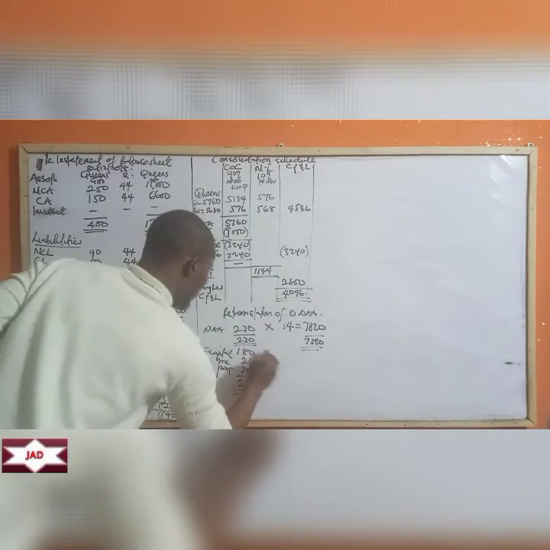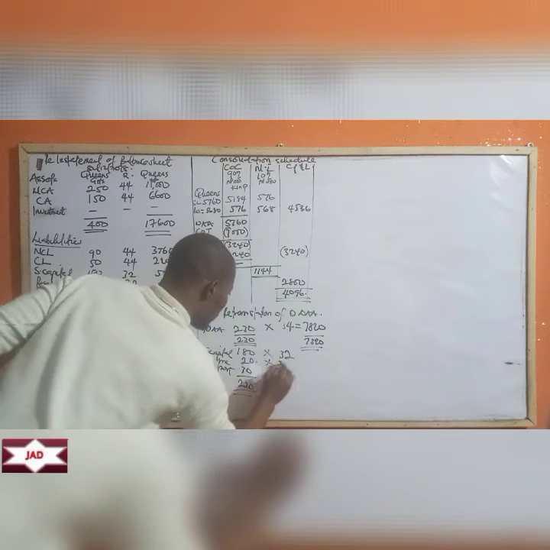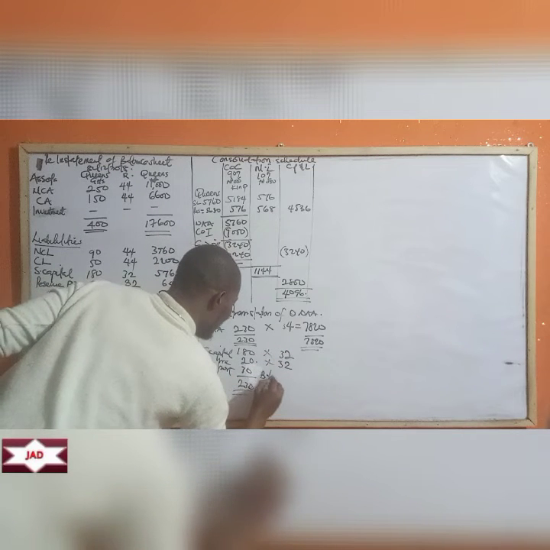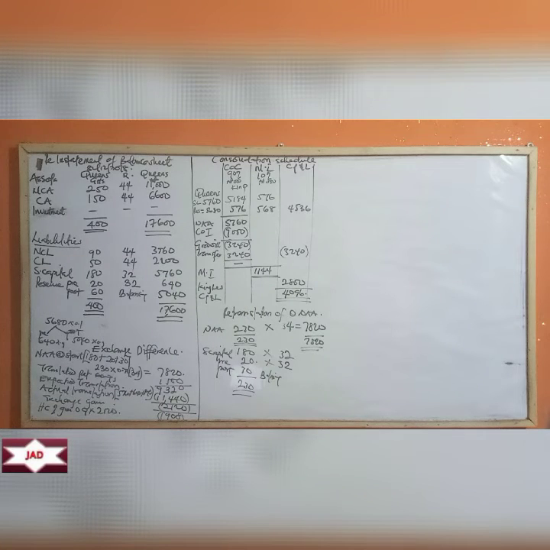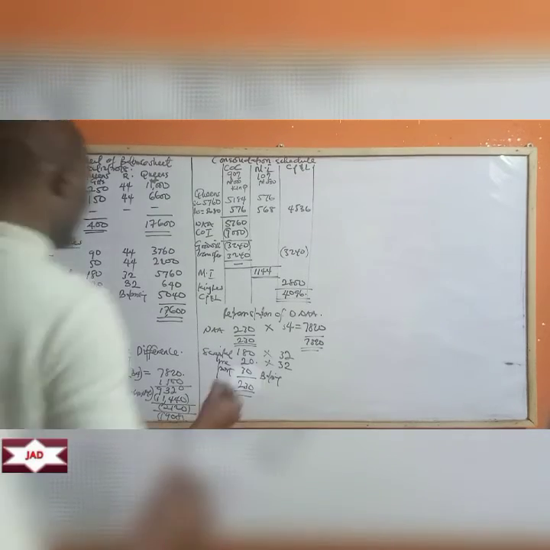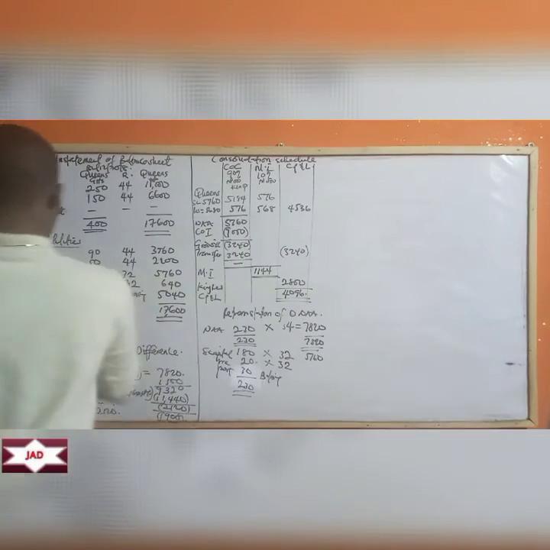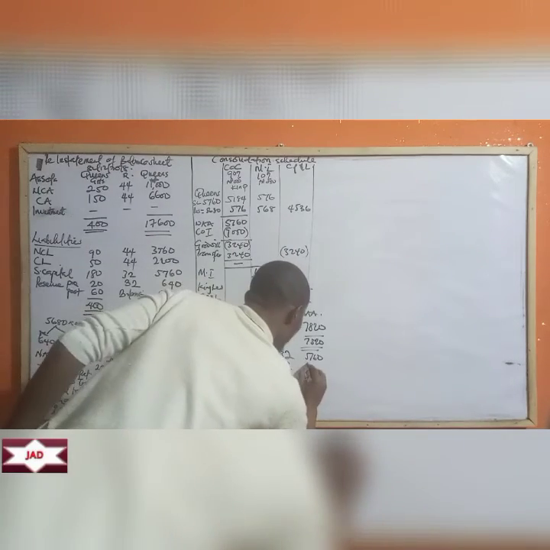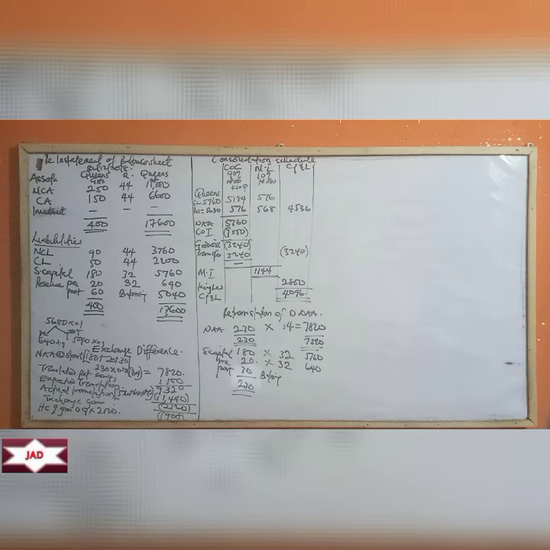Then this one, we've done 32. This one will be balancing. So 180 times 32 is 5,760. This will be 640, balancing. That will be 7,820.